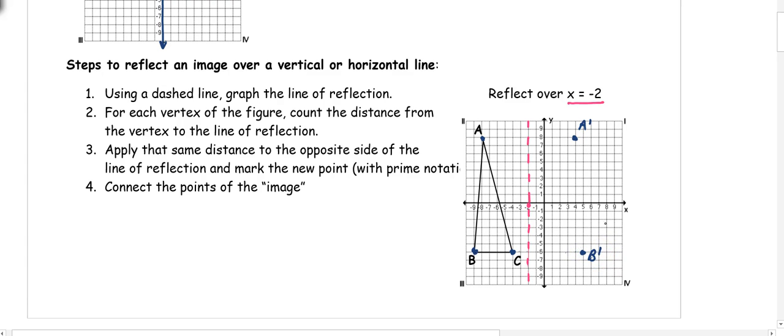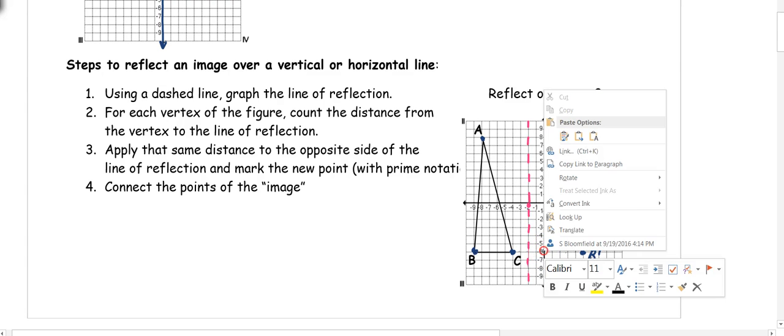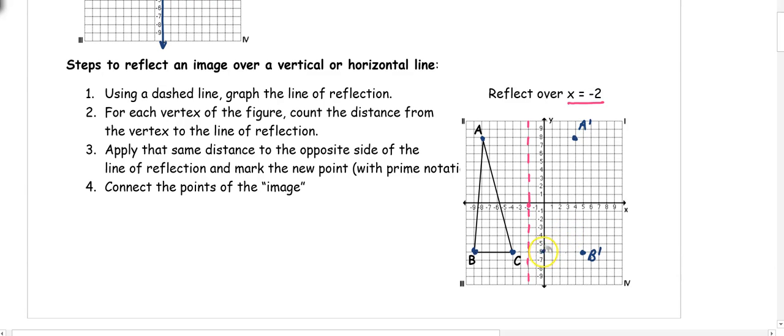That's B prime. Last, C is 2 away, so I go 2 the other direction and place my last point. Then I connect these points, and now I have my image. This is my new figure after reflecting over the line x equals -2.